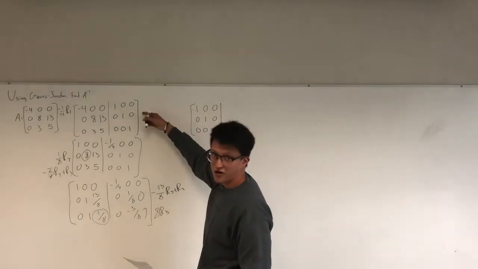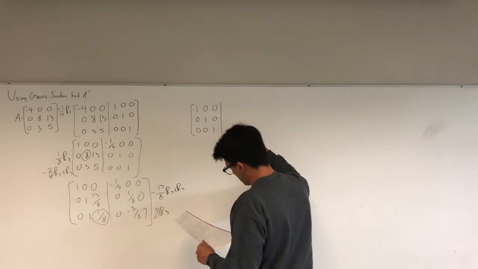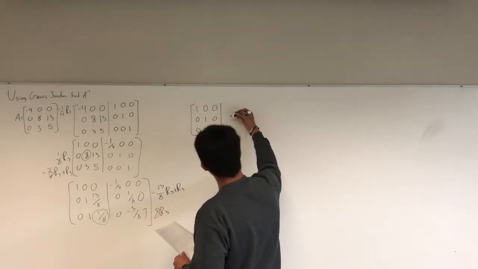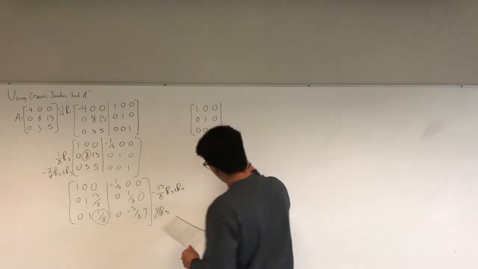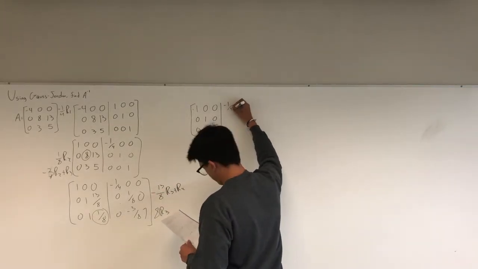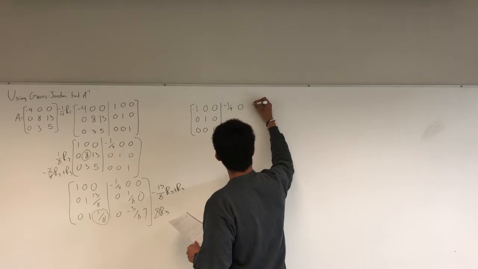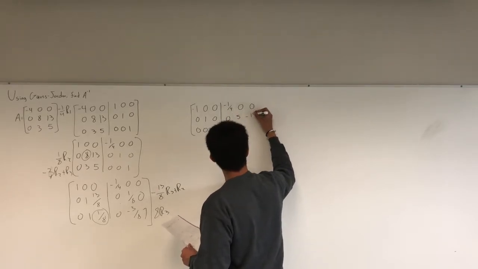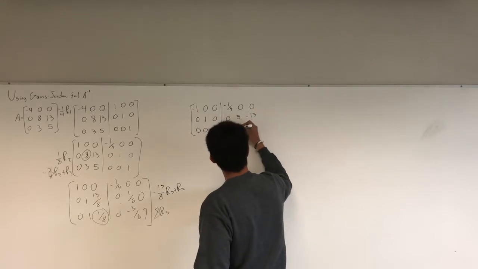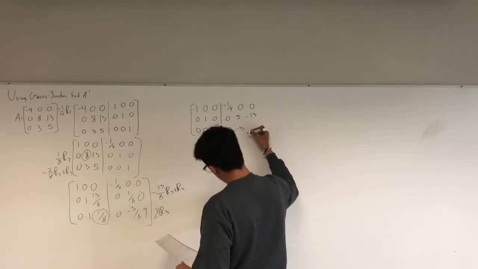At the beginning we have it on the right side, and on the right side we will have our inverse matrix, which is -1/4, 0, 0, 0, 5, -13, 0, -3, and 8.